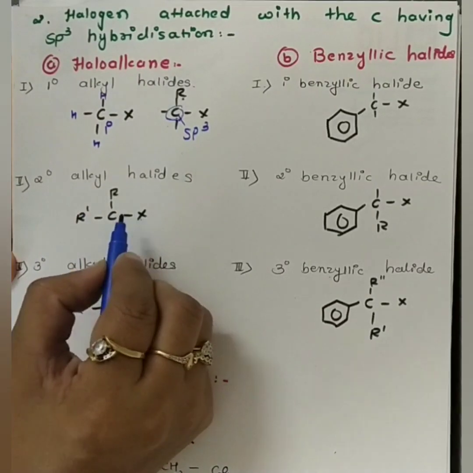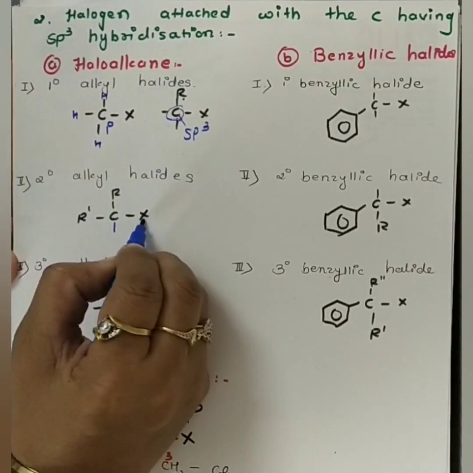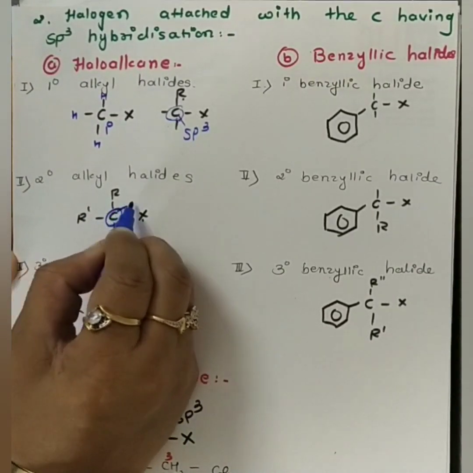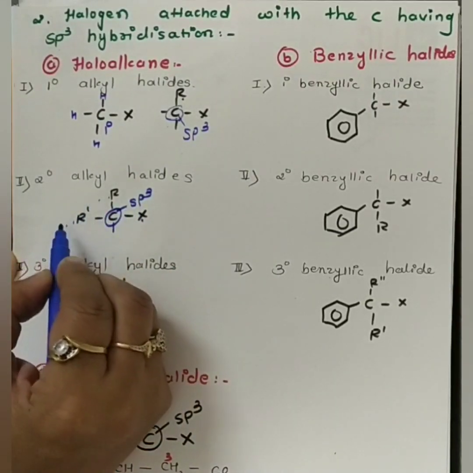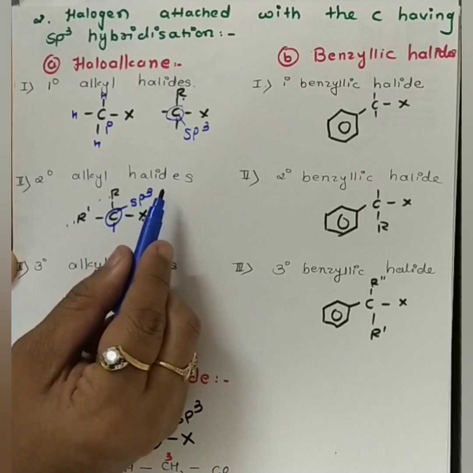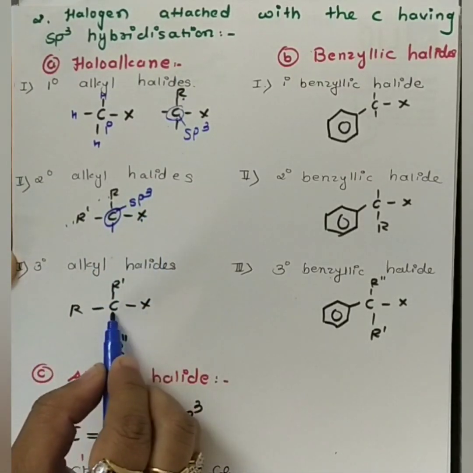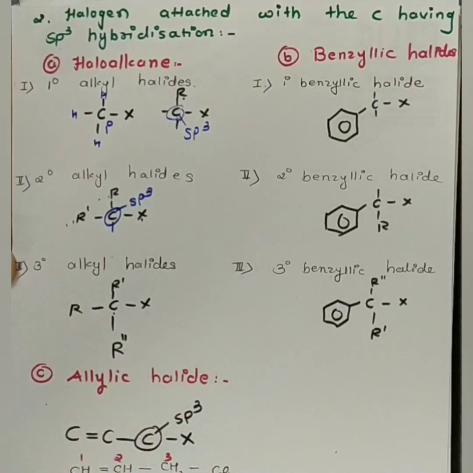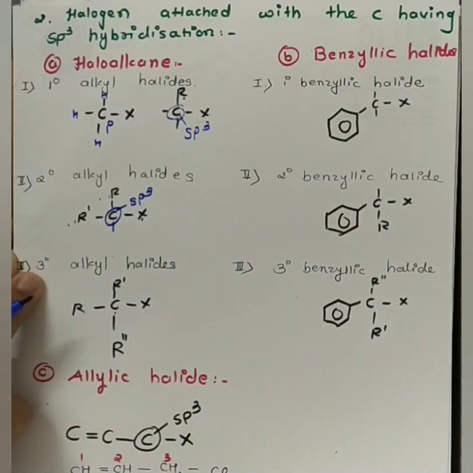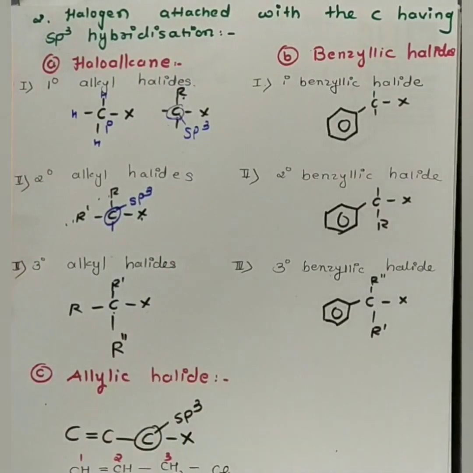And if the halogen-bearing carbon, definitely sp3, is attached to two different alkyl groups, then it is a secondary alkyl halide. If the halogen-bearing carbon is attached with three different alkyl groups or three same alkyl groups, then it is a tertiary alkyl halide.